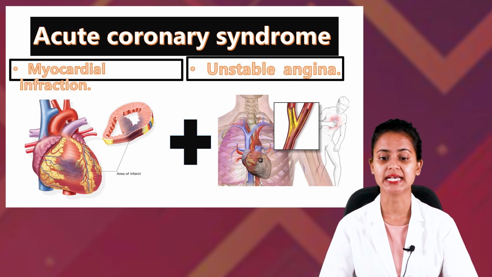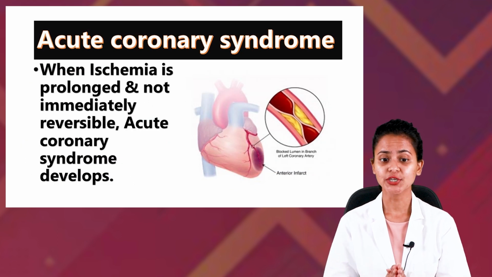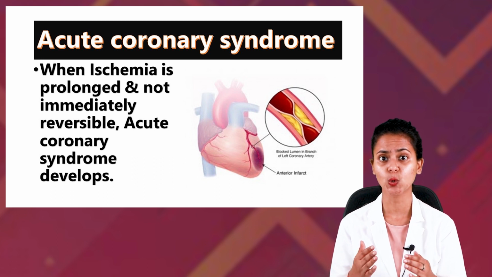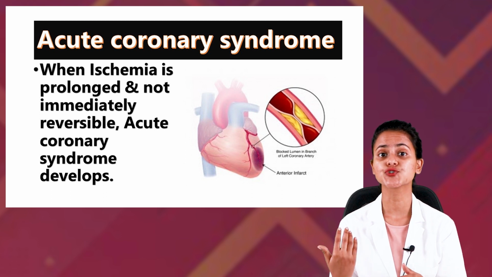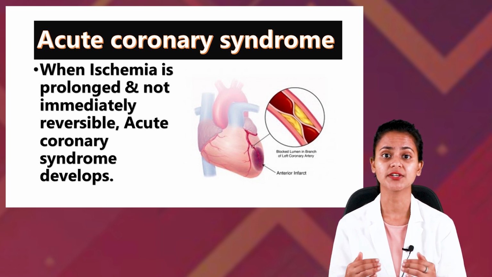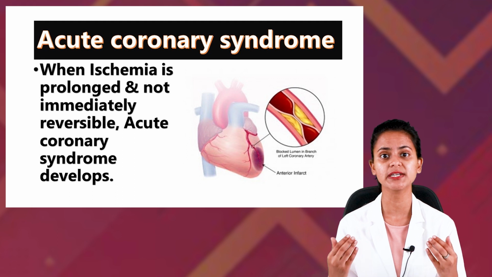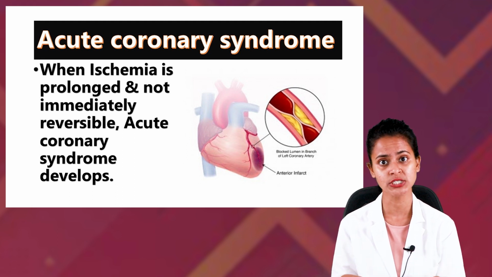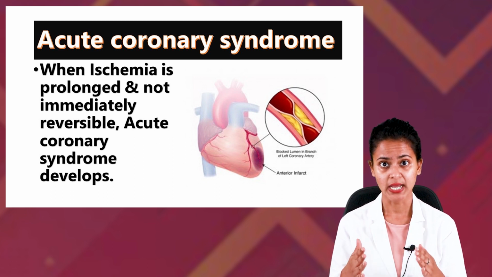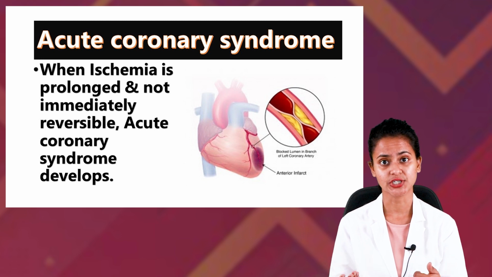I'll repeat once again: acute coronary syndrome is termed when the ischemia of the myocardial muscle layers goes on for a prolonged duration and is not immediately reversible, or if the myocardial infarction has already occurred, or the treatment is not initiated as early as possible, then the effect of the myocardial infarction will be long and the condition will not be reversible. That condition we term acute coronary syndrome.